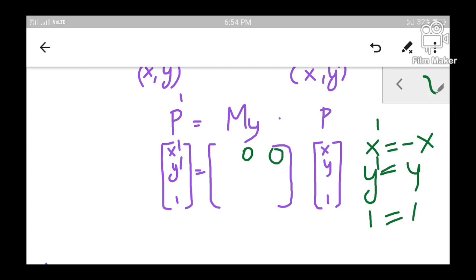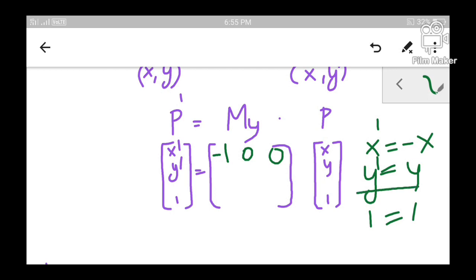But I need to get the value minus x. x should be multiplied by minus 1. So the first value is minus 1. Let us multiply the first row with the column matrix. Minus 1 into x plus 0 into y plus 0 into 1, which means the result is x dash equal to minus x.